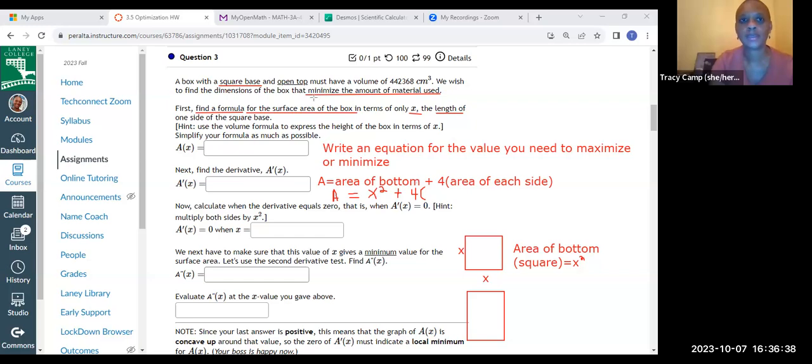The base for each side is X, and then the height, let's just call that H.